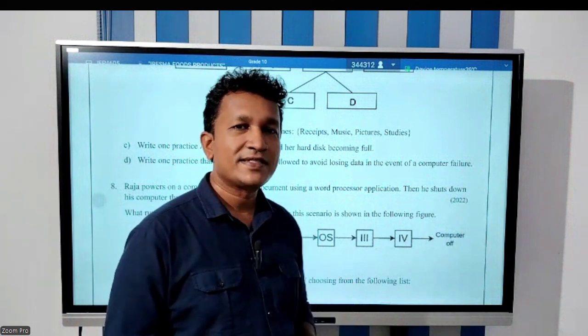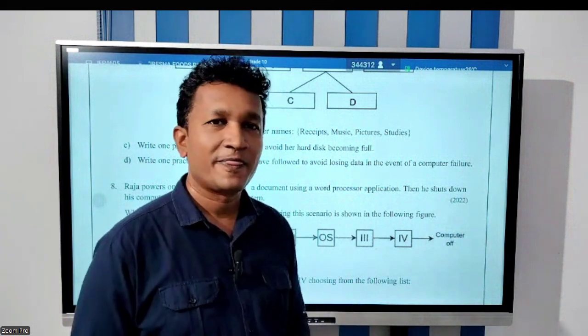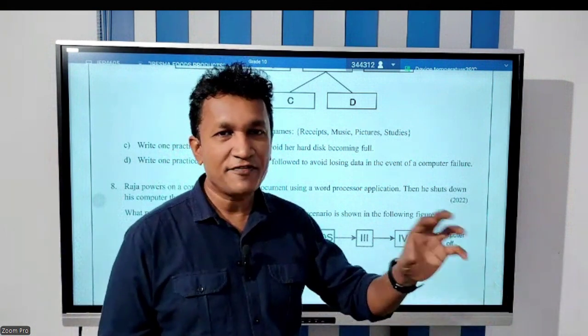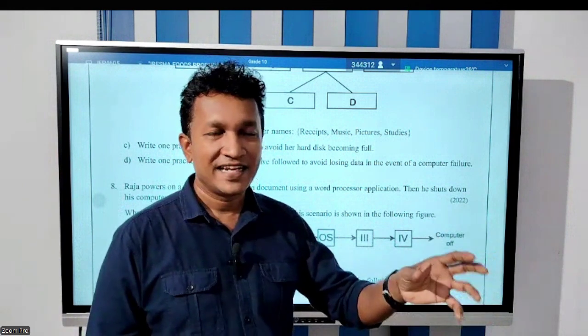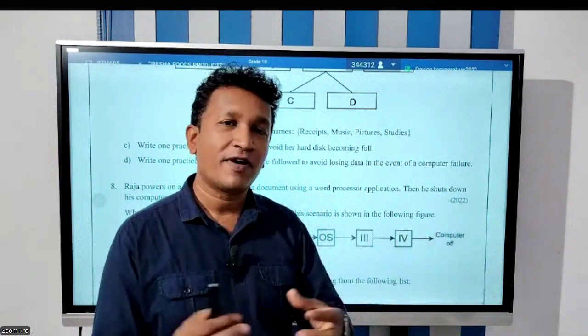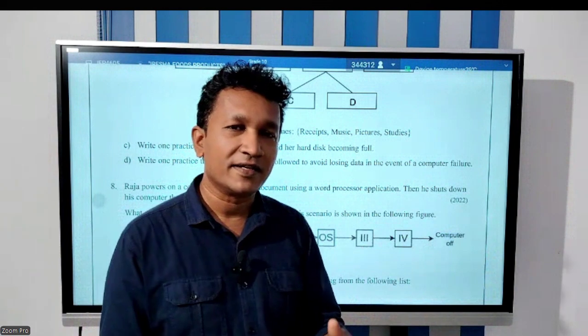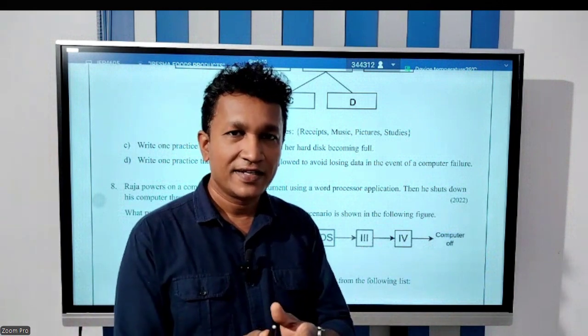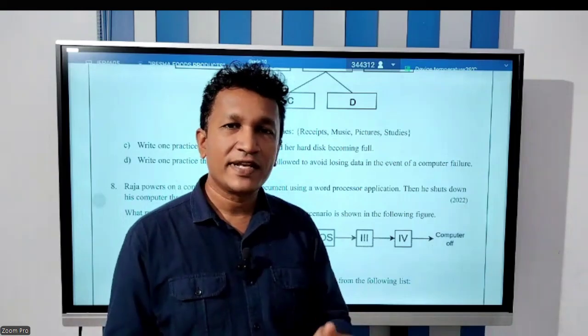So what is another one we can take? So we can say defragmentation of the hard disk. What is defragmentation? Once we defragment the hard disk, the unallocated space will be saved, right? So the files are stored here and there.